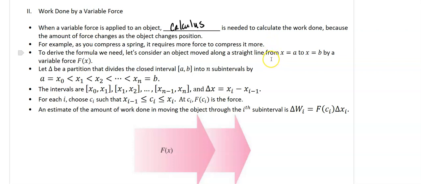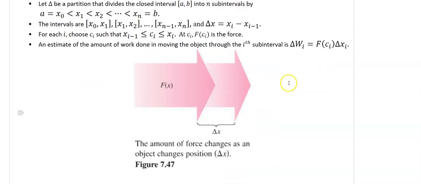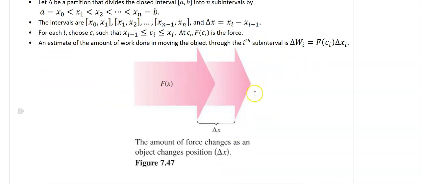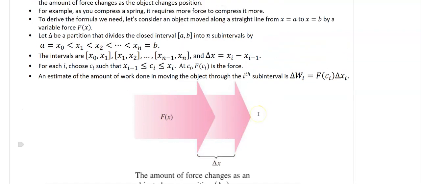To derive the formula we need, we're going to consider an object moved along a straight line from x equals a to x equals b by a variable force f of x, and this is an example of what that might look like. It's being moved an amount of delta x here. We're going to let delta be a partition that divides the closed interval from a to b into n subintervals, like so.